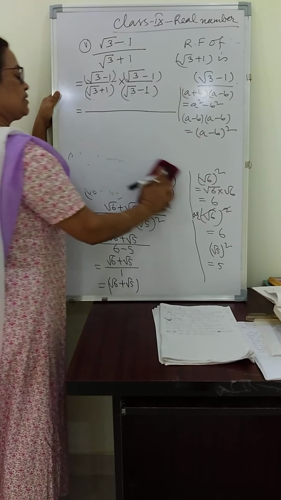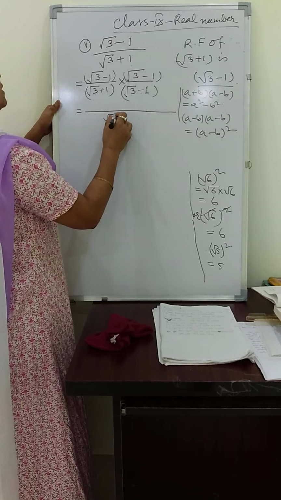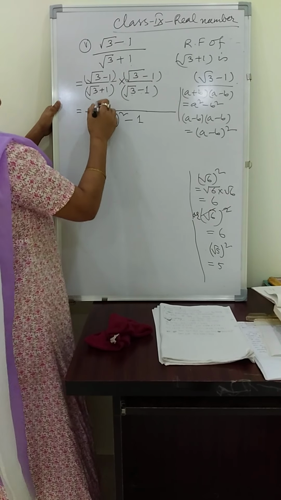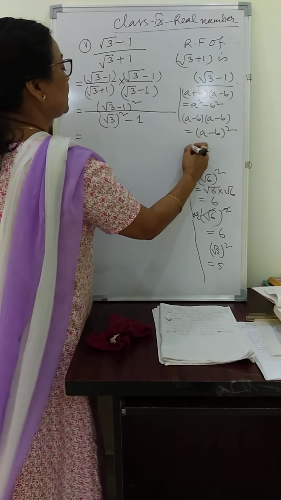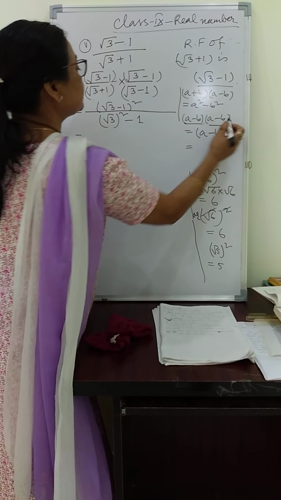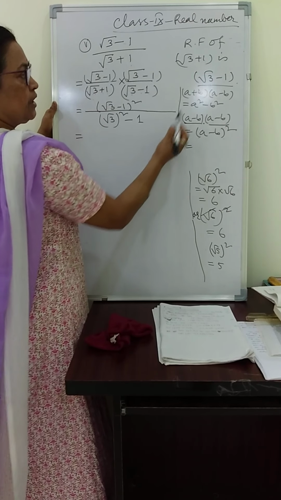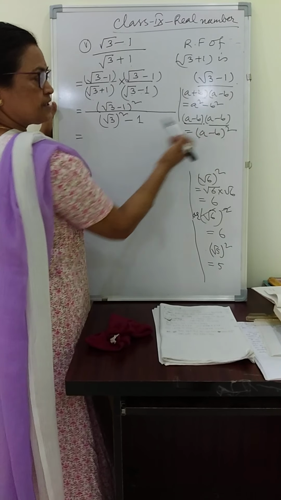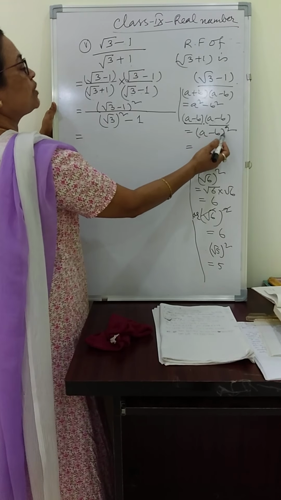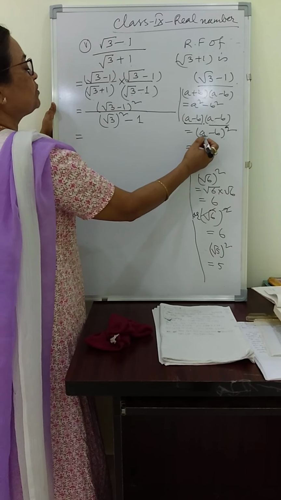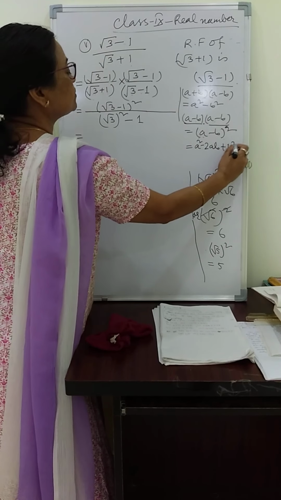Like this. So what to do? We use the identity: root over 3 whole square minus 1 in the denominator, and root over 3 minus 1 whole square in the numerator. So you have to expand it. If two factors are the same, remember both are the same factor, and the product of the same factor is always written as a square of this term. Then we may expand it, a square minus twice of ab plus b square.